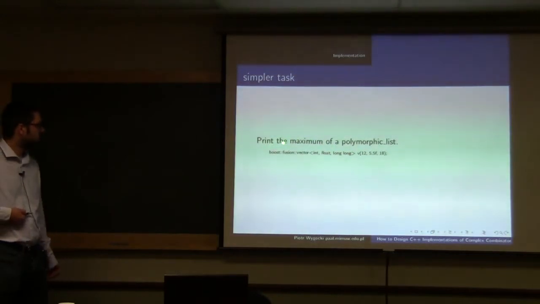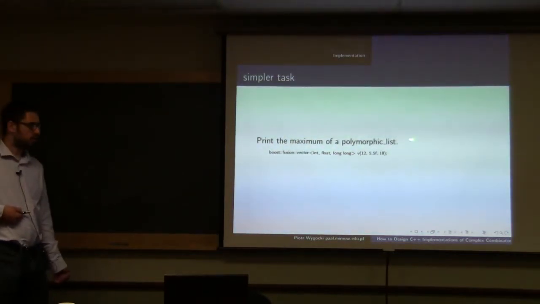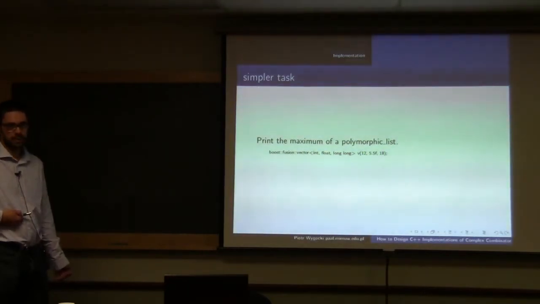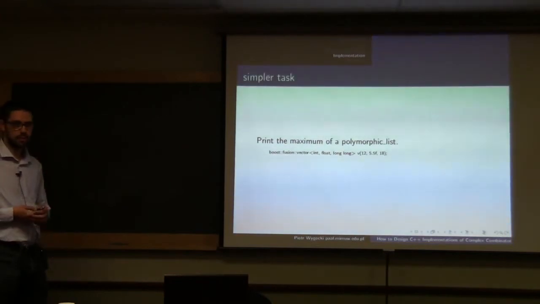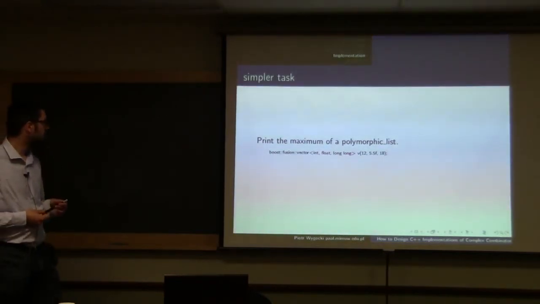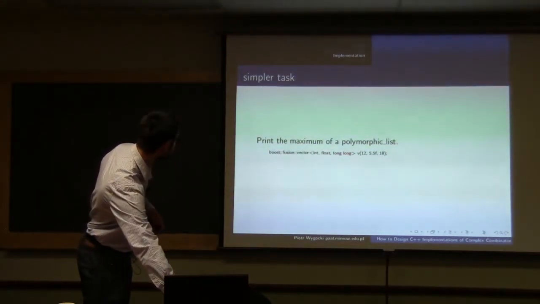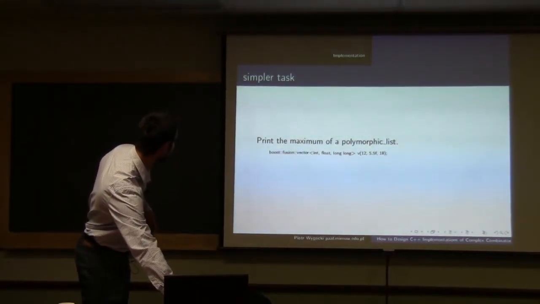Now we are going to focus on a very, very easy problem. We've got a list consisting of three elements. They are of different types, and we would like to print the maximum of this list. And how to do this?